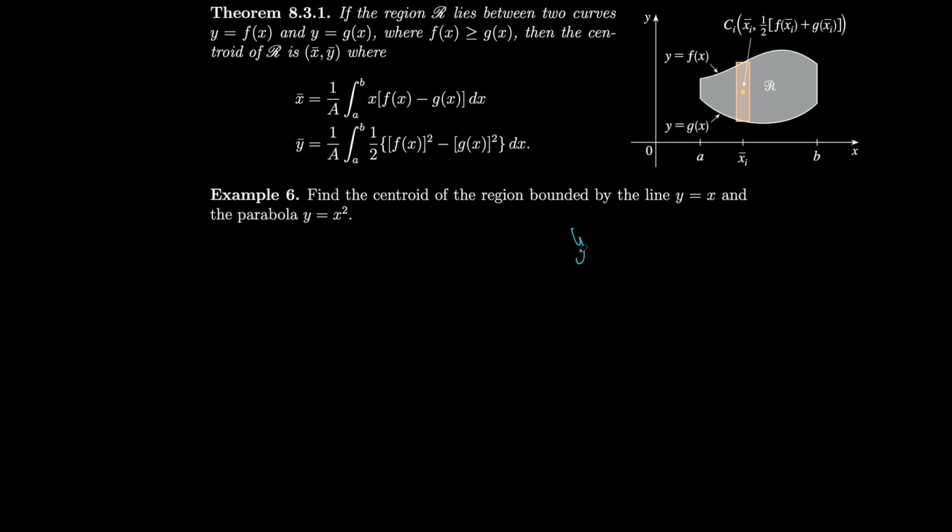So we get that y bar is equal to 1 over a times the integral of half of f of x plus g of x. That's how far we are from the x-axis. And then we multiply that by f of x minus g of x.